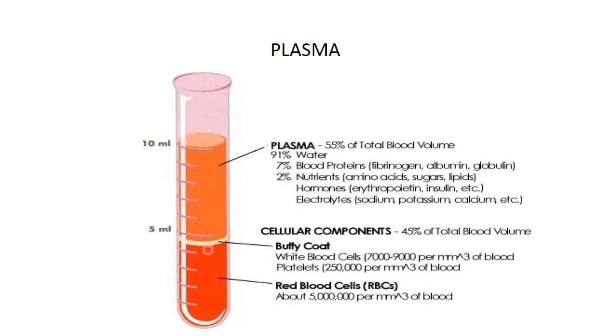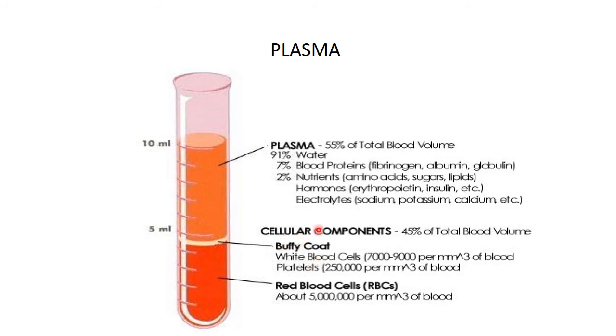Between the fluid and the cellular compartment, you will find a buffy coat, which is slightly whitish in color, and this buffy coat is made up of white blood cells and platelets. As their number is less in comparison to the RBCs, a lot of volume is occupied by RBCs and less by the buffy coat.